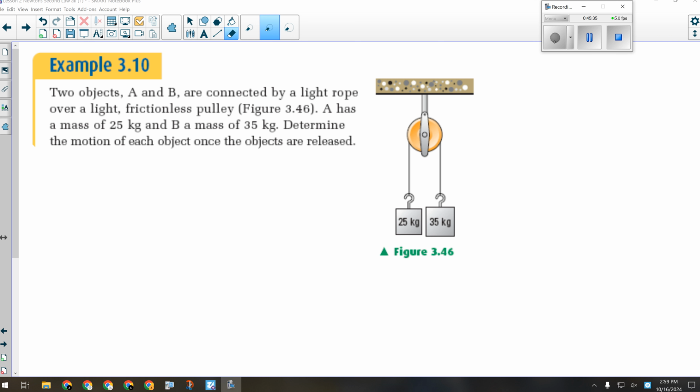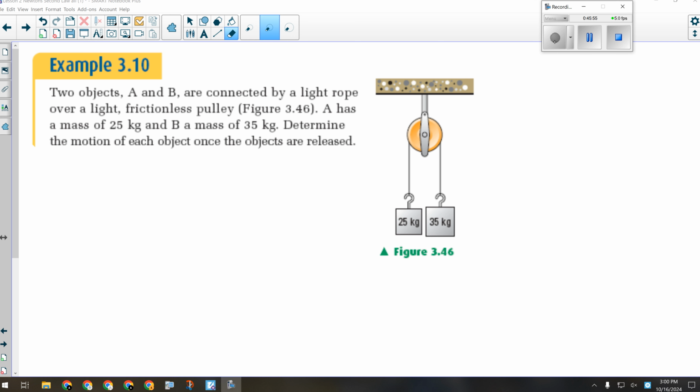If I put 2 masses over a pulley and they're not the same mass, what's going to happen? One's going to go up and the other's going to fall, right? They're going to go together. They're going to accelerate at the same rate. Because they're connected, they can do nothing else. One will fall, one will go up.